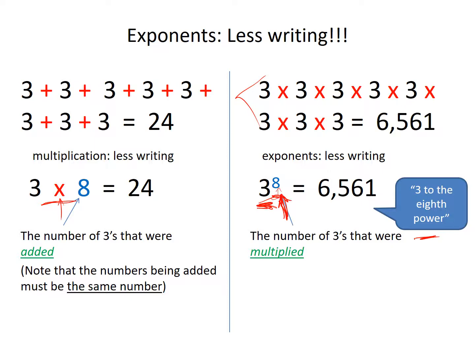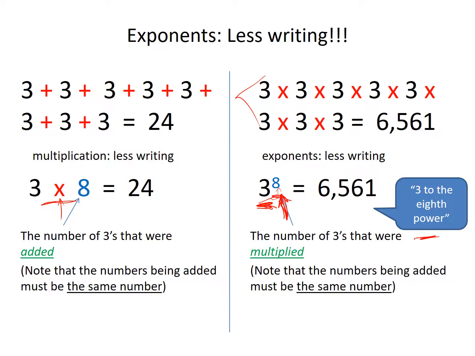And again, the same rule applies. The numbers being multiplied all have to be the same number. In this case, they were all 3's. So here you get a little better example of how multiplication helps us write less when we're writing a long addition problem, and where exponents give us a similar shortcut to writing an ugly multiplication problem.